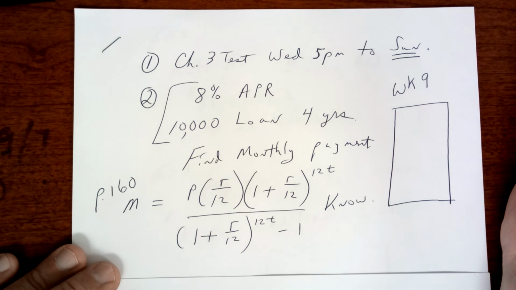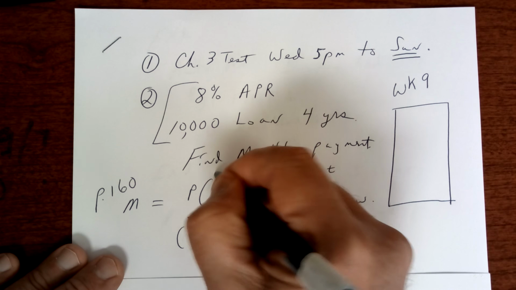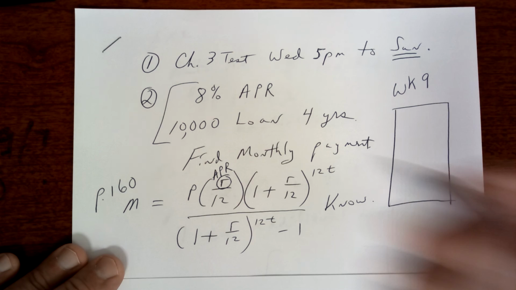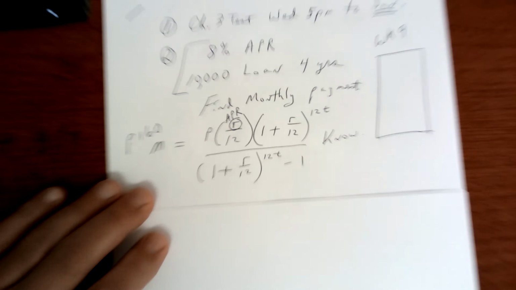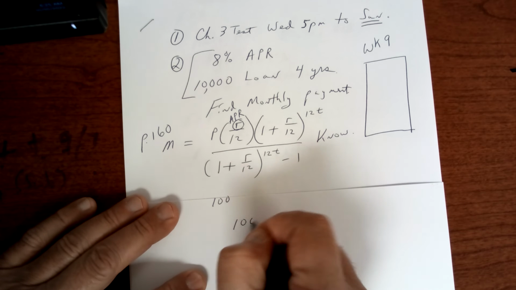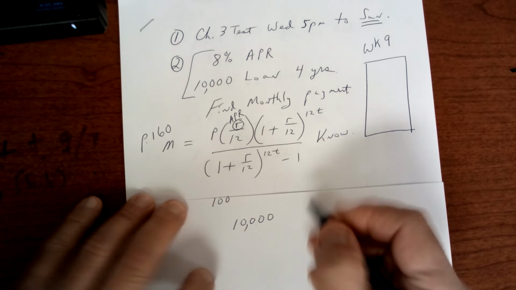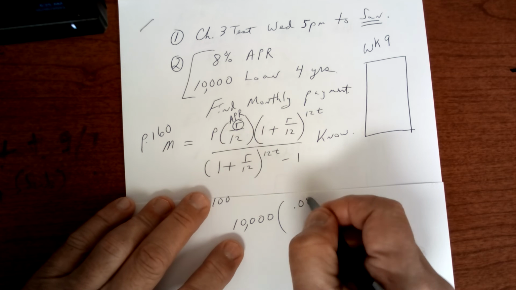Okay, so you have 8% annual APR, $10,000 for 4 years. I want you to know that this rate is the APR, so make sure you check that. All right, so let's plug it in. The principal is $10,000. The annual percentage rate is 0.08 as a decimal.